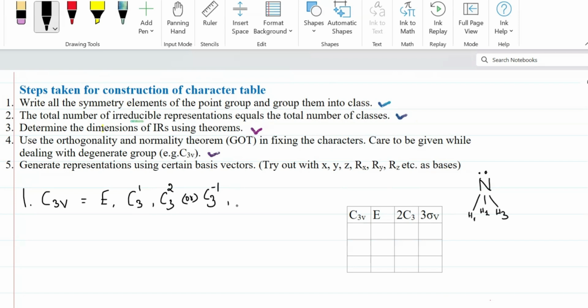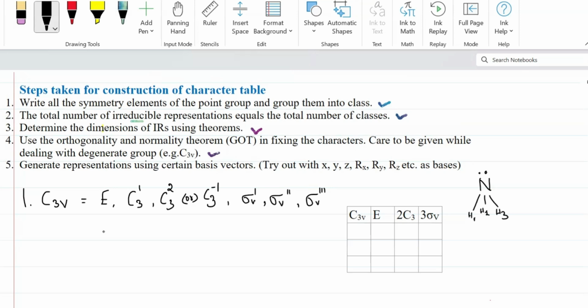Then comes three planes of symmetry: sigma V passing through H1, sigma V prime passing through H2, and sigma V double prime, the plane passing through H3. So these are the symmetry elements which have been listed.